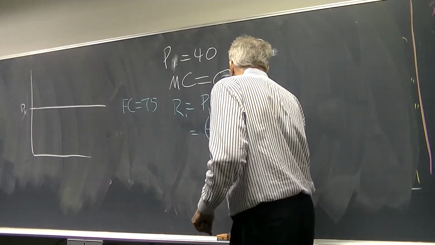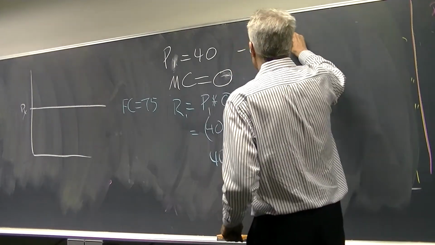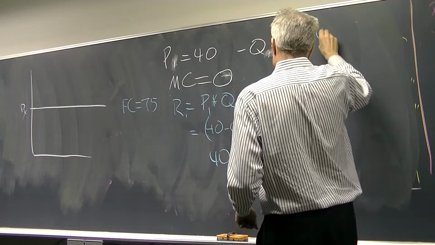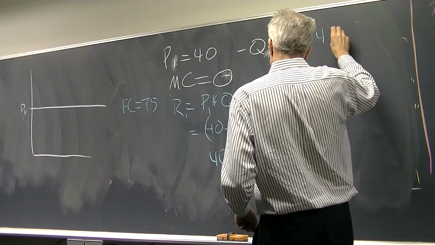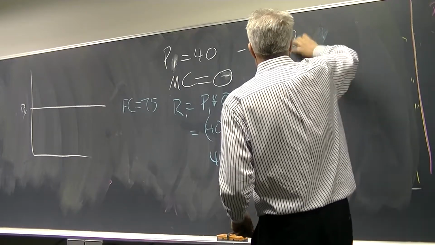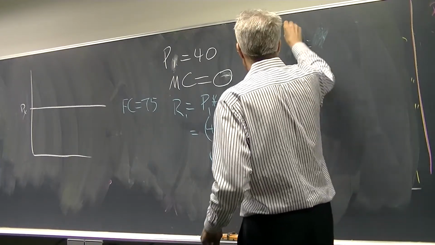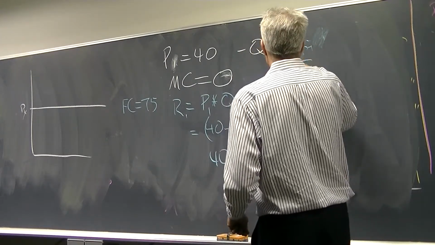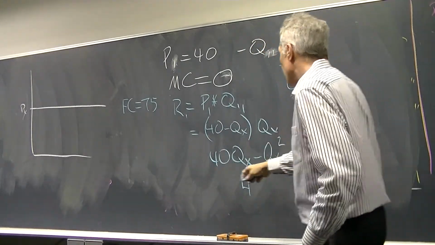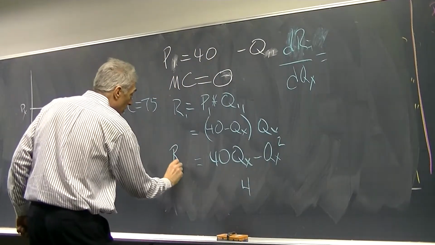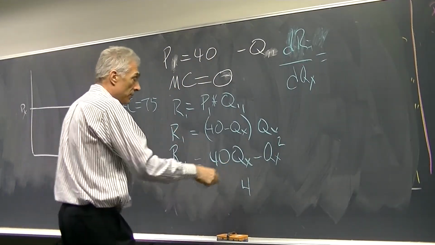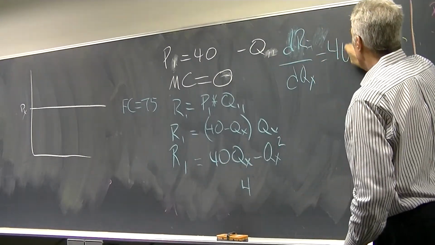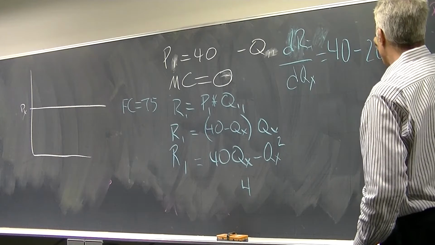Your marginal revenue, the change in revenue with the change of QX, for revenue 1, is equal to 40 minus 2QX.